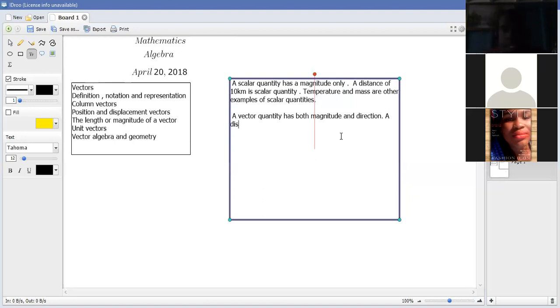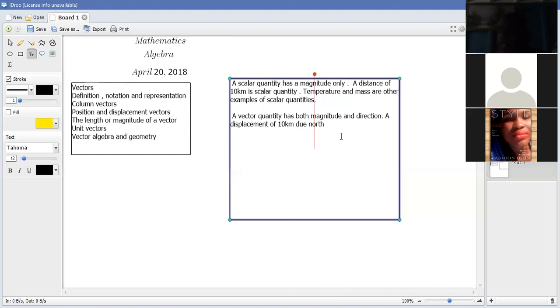A displacement of 10 kilometers due north. So that's our direction, right? It's traveling a distance of 10 kilometers in a particular direction.